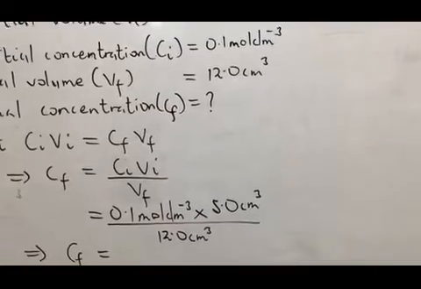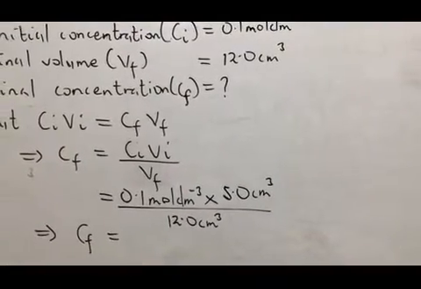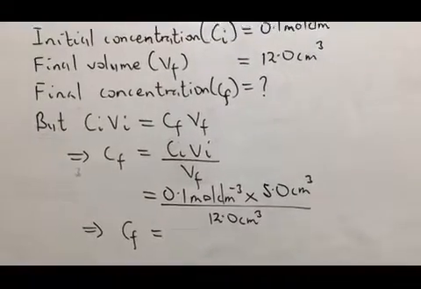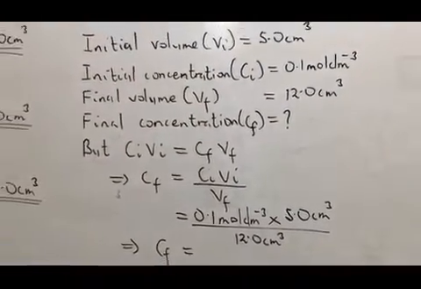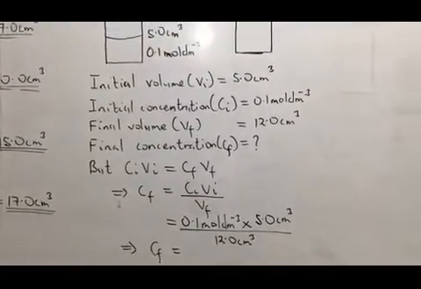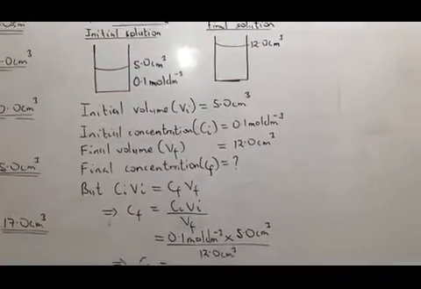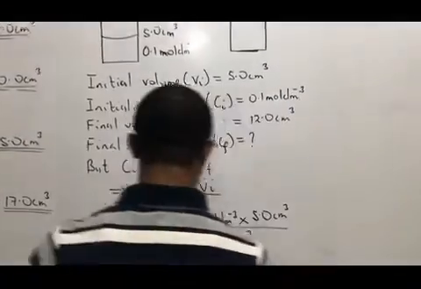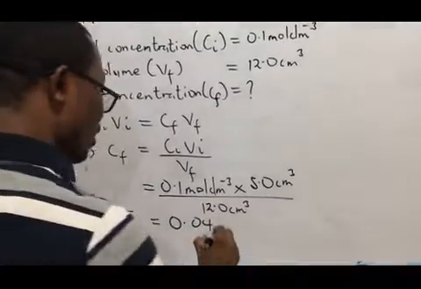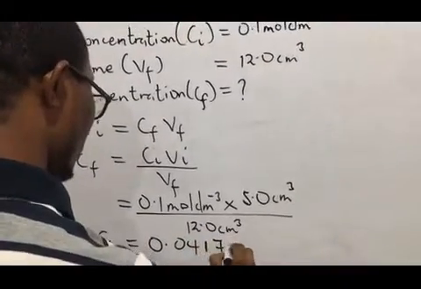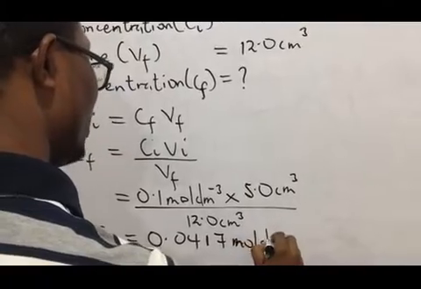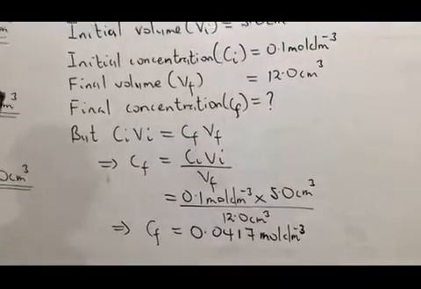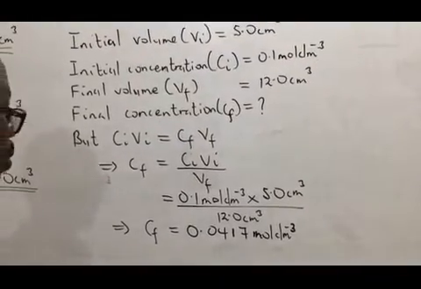Okay, if you punch that, that'll give you 0.041666 recurring. So 0.0417 mole per dm cube. If you leave it to 3 decimal places, that will give you 0.042 mole per dm cube.